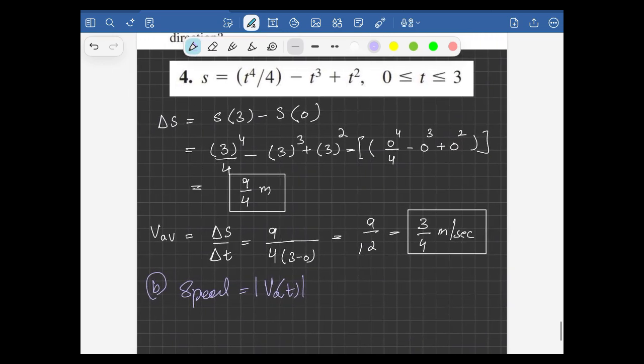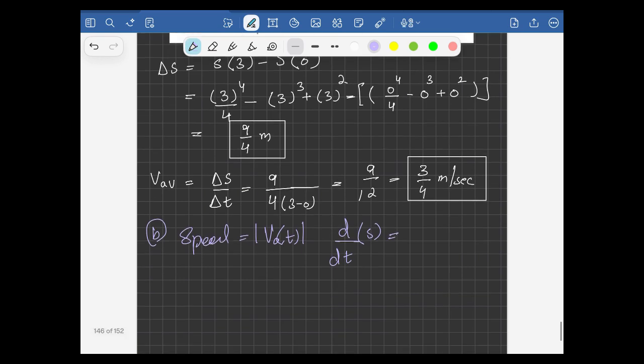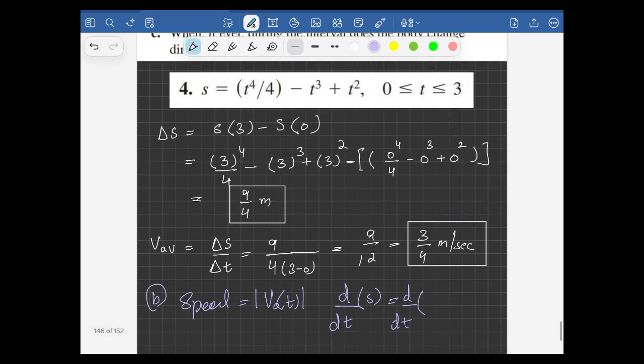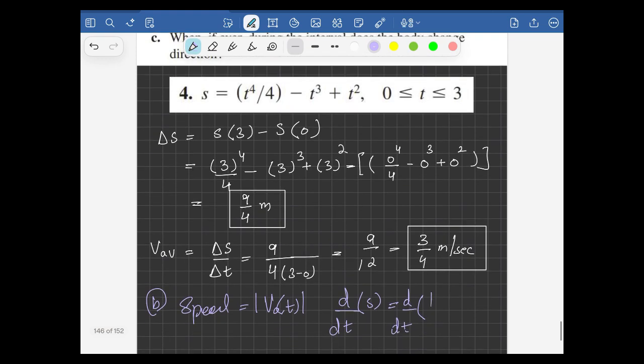Velocity is the rate of change of displacement, which is d over dt. The displacement is t to the power 4 over 4 minus t raised to power 3 plus t squared.